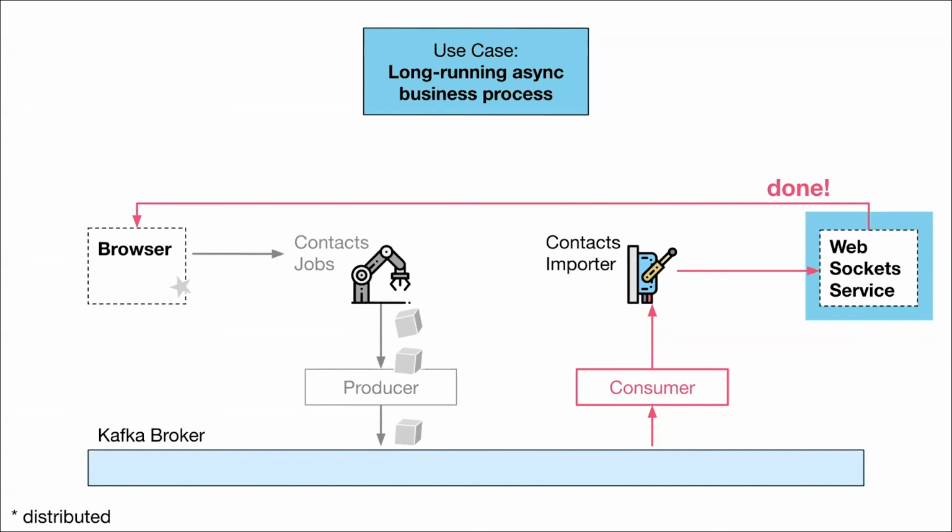And then the WebSocket service will just notify the browser on that channel. So we have a seamless flow here that is completely distributed and decoupled, and you don't need to add any more database entries and do polling. So you save up on resources and are a lot more efficient also.